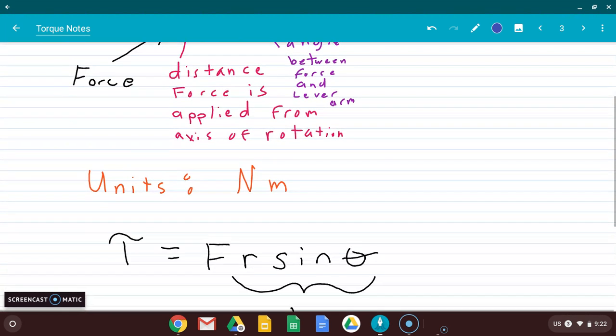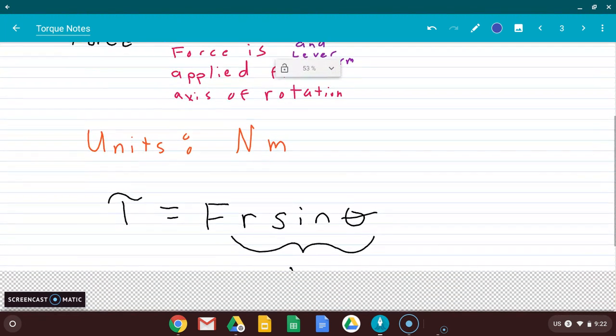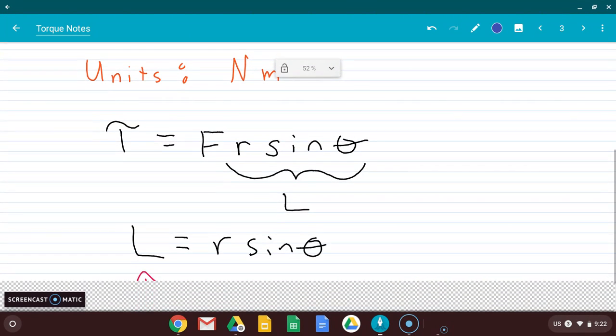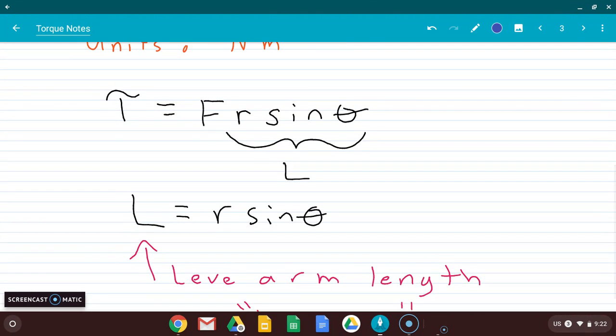Now, there's another thing to do with this formula, so I rewrote it down here. Remember, I used the term leverage in your diagram on the last page. And the portion I have bracketed here, r sine theta of the overall torque formula, is sometimes referred to as capital L, otherwise known as the lever arm length, where the torque is applied.